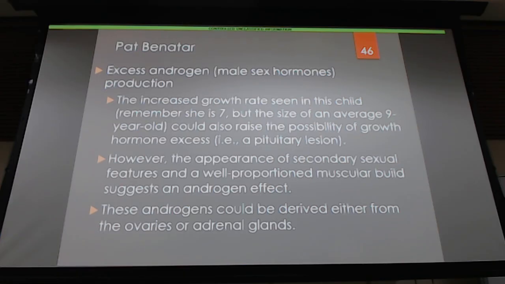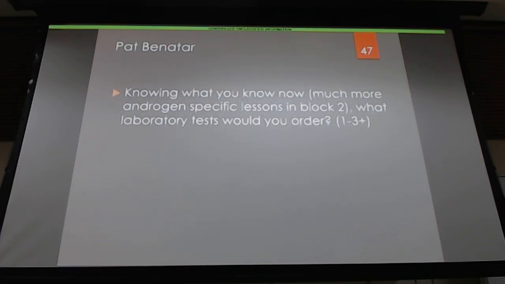This is a breakdown you could use to study: excess androgens, so male sex hormone production. There's more going on with her height, probably multiple hormones, but the big thing I'm going to give you is the secondary sexual features. And again, androgens are also released from the adrenal.